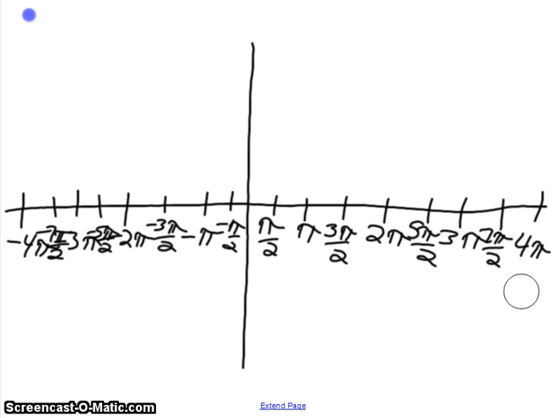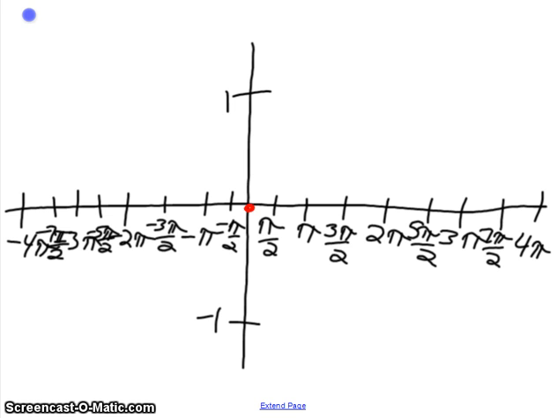The maximum of the sine wave is 1, and the minimum is -1. The sine curve never gets any bigger or any smaller than those two values. Now, I'm going to graph my zeros. I'm going to start at the origin.